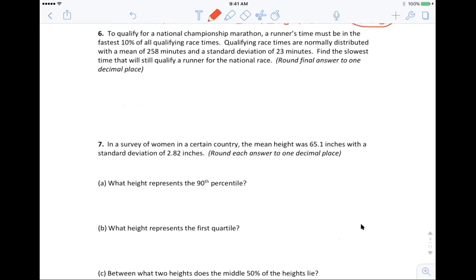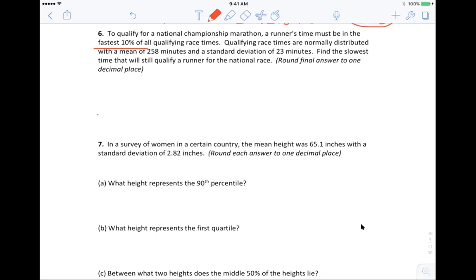Qualify for the national marathon. Runner's time must be in the fastest 10%. Think of that as, so that fastest 10% is actually smaller or lower times, right? Because lower time is fast. You do a race in 1 minute, you're doing it better than if somebody did it in 2 minutes.